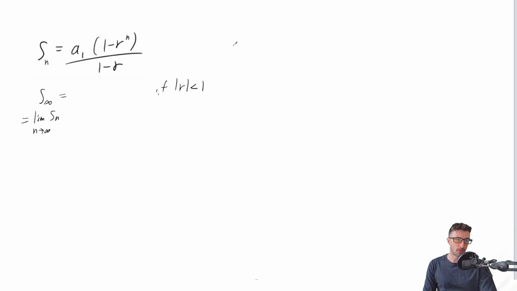So, for instance, let's say you had something like 1 plus 1/2 plus 1/4, and so on. That's going to have a limit. But in case you had something like 1 plus 2 plus 4 and so on, then that will not have a limit because your r for that one would be 2, and of course the absolute value of 2 is not less than 1.